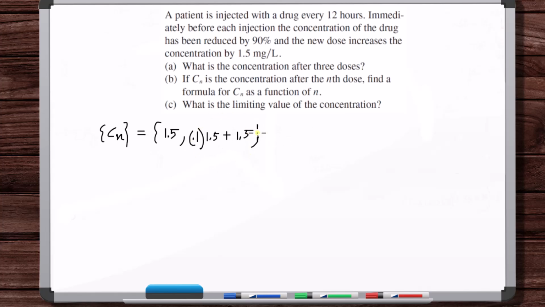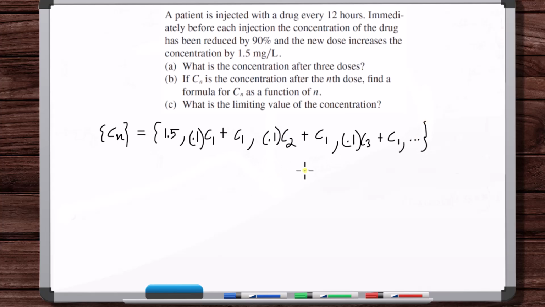So we can write it this way. 0.1 times C sub 1 plus C sub 1. Then 0.1 times C sub 2 plus C sub 1. Then 0.1 times C sub 3 plus C sub 1.